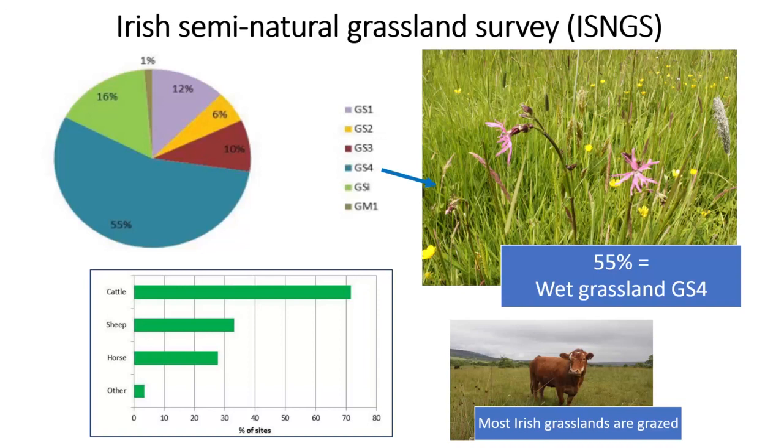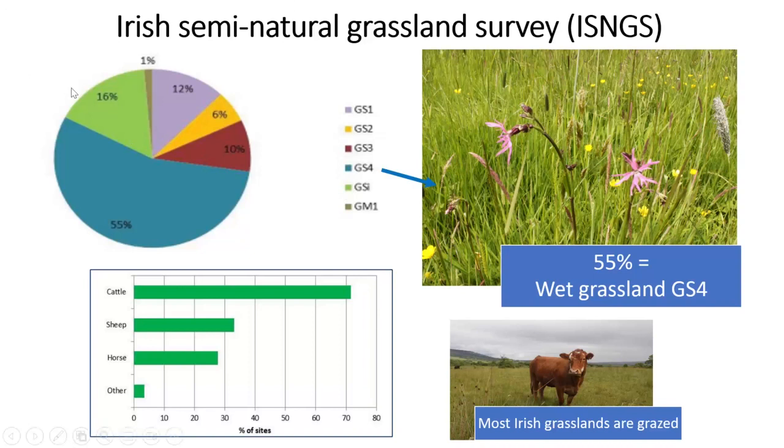When you look at that, 55% of the time you're going to come across a wet grassland. Ireland is a damp place, so you're going to come across wet grasslands, and lower amounts of the other grasslands. GS4 there means semi-improved grasslands, which hold a few indicator species that you find in acres, but not many.